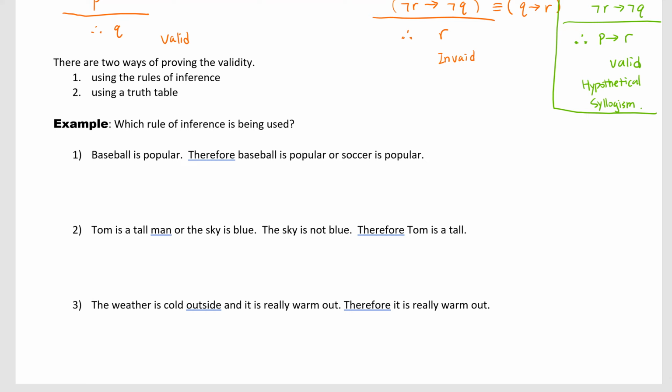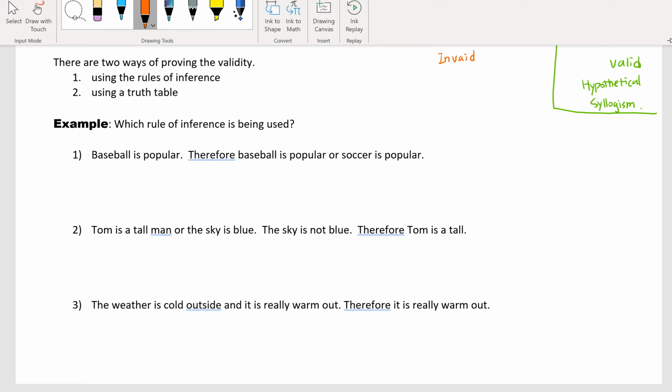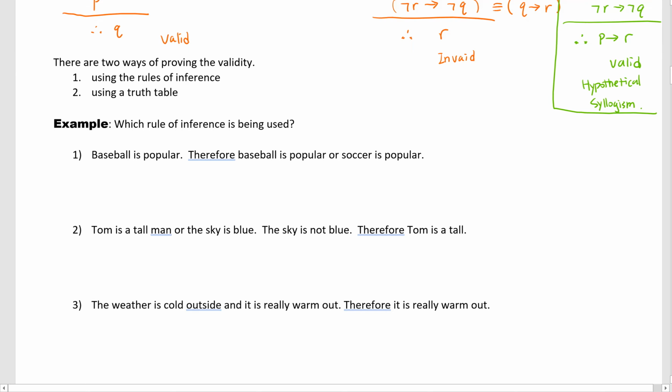First, baseball is popular. Let me change my color back to orange. Baseball is popular, let's call it P. Therefore, baseball is popular or soccer is popular. So we have P here, and then therefore the 3 dots.